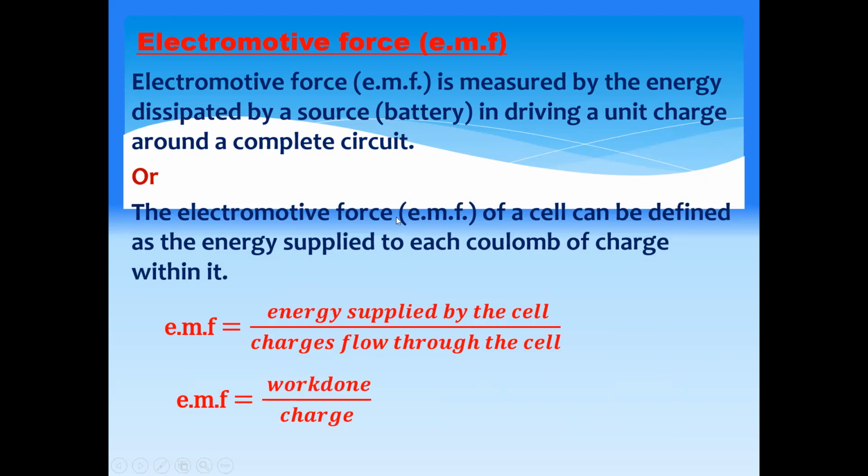If we want to calculate the EMF, we can use a formula: the total energy supplied by the cell divided by the amount of charge flowing through the cell. That is one way, or it is work done per unit charge.